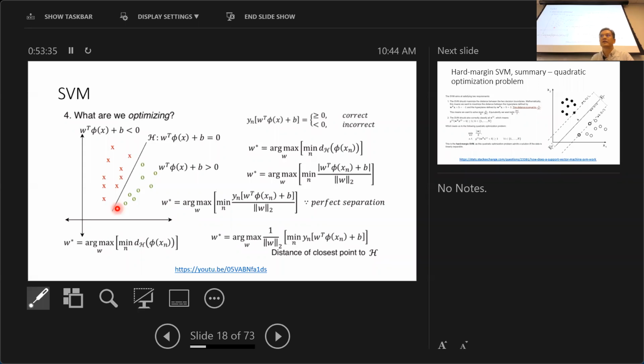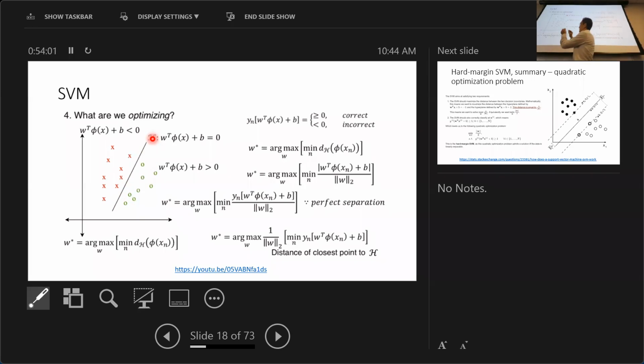Maximize the range. So first you randomly select A and B, for example, and you can find a lot of different lines, right? If one of the combinations satisfies this optimization problem, then you are done.